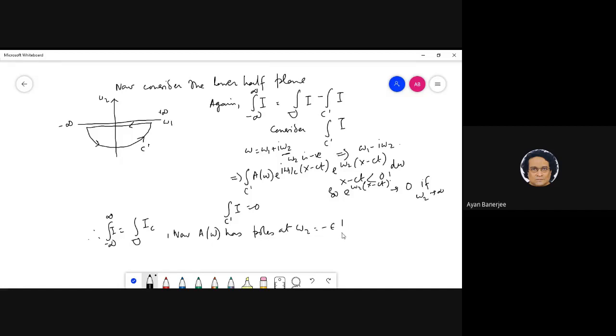That is what we saw. The way we wrote this, it is omega plus i epsilon or something, right? So therefore, obviously, the integral from minus infinity to infinity of I is nothing but minus 2 pi i times the residue at the poles, and that is not equal to 0, which clearly shows that x minus ct less than 0 waves are possible.